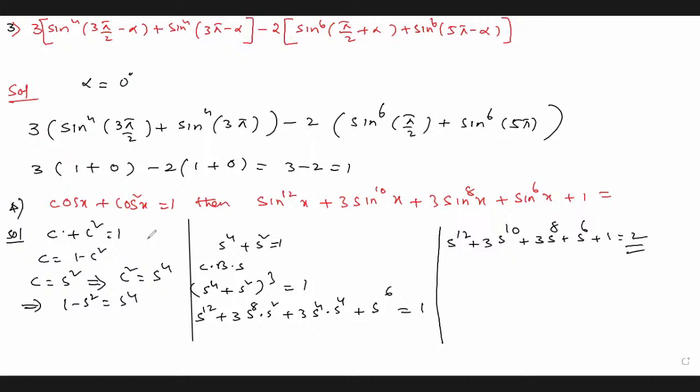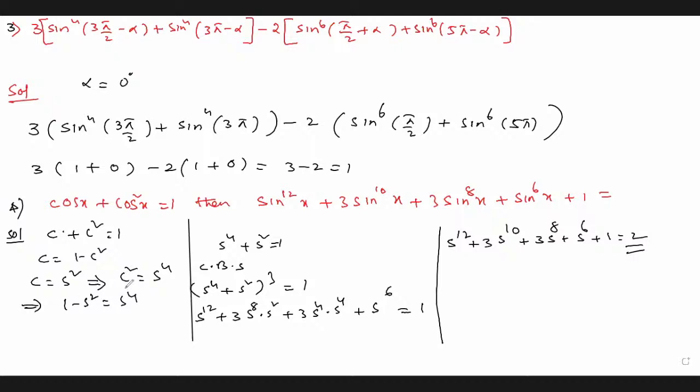Now I am repeating this problem again. Given cos x plus cos square x is equal to 1, so cos x is equal to 1 minus cos square x, which is equal to sin square theta. Squaring on both sides, cos square theta is equal to sin power 4.